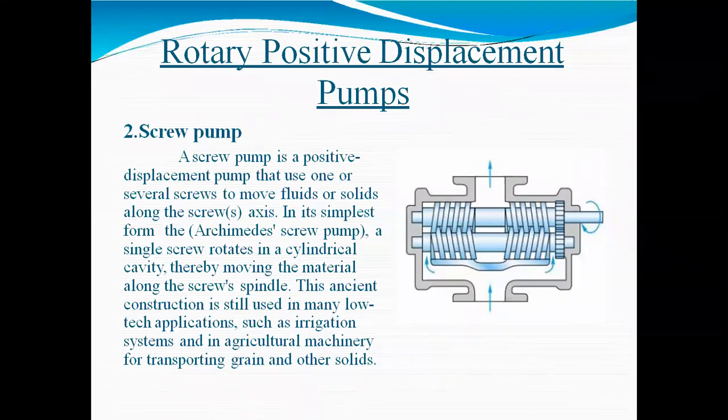The timing gears are provided to maintain the clearance between the meshing of both screws. If there is any lag, then it will not generate pressure. So to make continuous contact, the timing gear is provided.